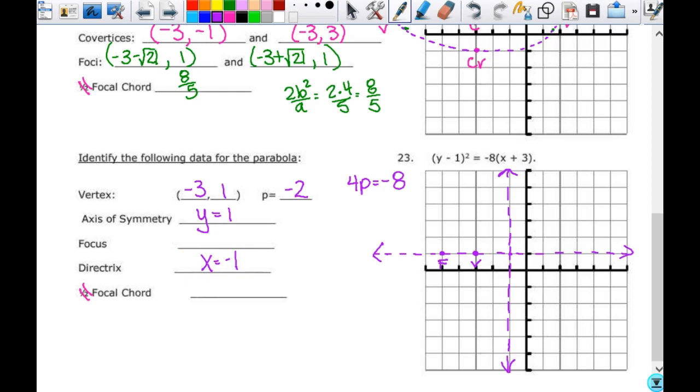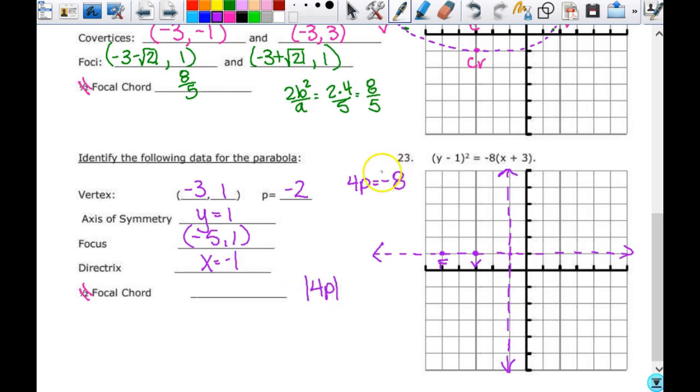My focus point, okay, if p is negative 2, I'm at negative 3 on the x-axis. I go 2 more to the left. So it's negative 5, 1, plus that's what I had already plotted. Focal chord length, it's not 2b squared over a or anything. It is the absolute value of 4p.